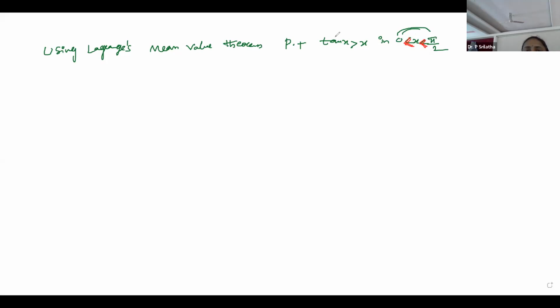In these limits only, tan x exists. If it were 0 less than or equal to x less than or equal to pi by 2, then at pi by 2, tan pi by 2 is infinity. So that's why the limit should be 0 less than x less than pi by 2. So here, what is our function?